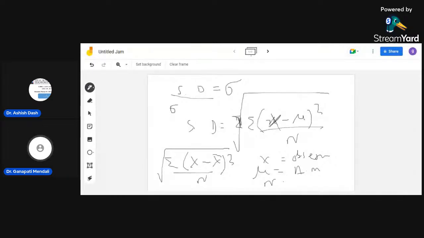If we have frequency data, there are other shortcut methods too. There are various methods to calculate the standard deviation, so you can use that other formula also.